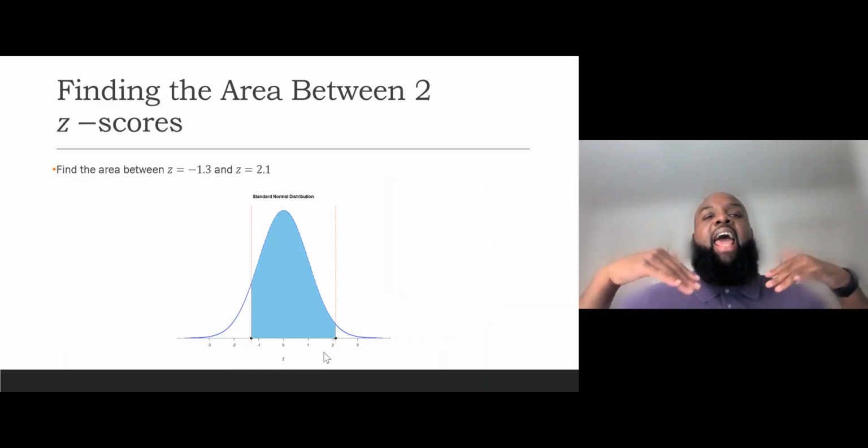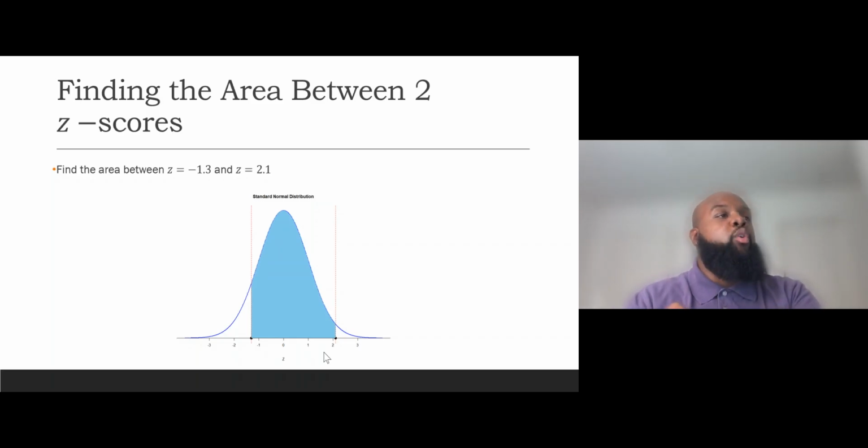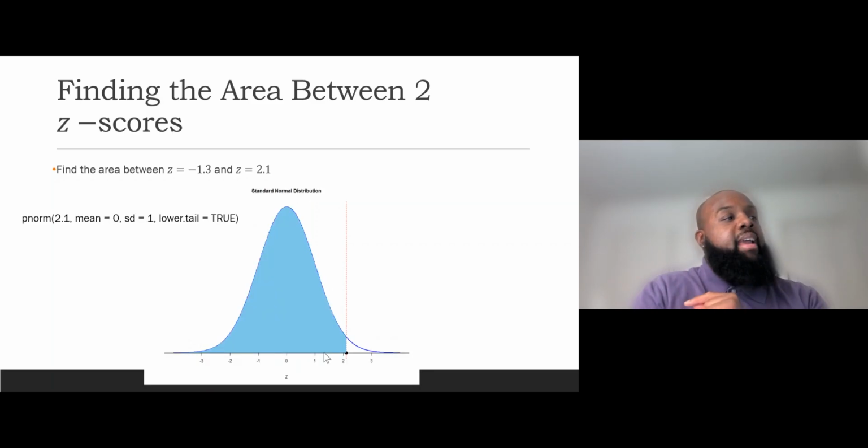So we've got to think kind of algebraically, or maybe logically a little bit, about how we're going to find this specific area here. Now, I'm going to start by finding the area to the left of the larger value that I have, right? 2.1 is that larger value of z. So if I were to do pnorm 2.1, mean 0, standard deviation 1, lower.tail equals true, I would get this entire area here, all right? Now, I have a problem with this because this area is not the area that I'm trying to find.